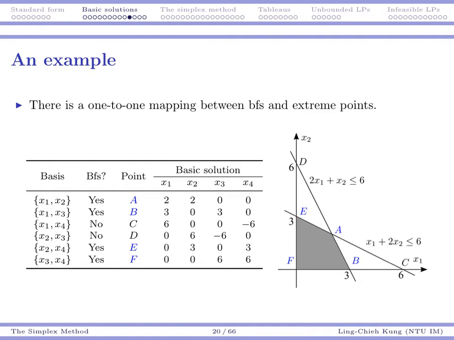This gives you a basic intuition that those algebraically defined basic feasible solutions correspond one-to-one to the corner points, or extreme points, of the feasible region. Obviously, this graph and intuition are rough, so it's just giving you an idea. We are not really proving theorem 1, but hopefully you are convinced that basic feasible solutions indeed are extreme points.